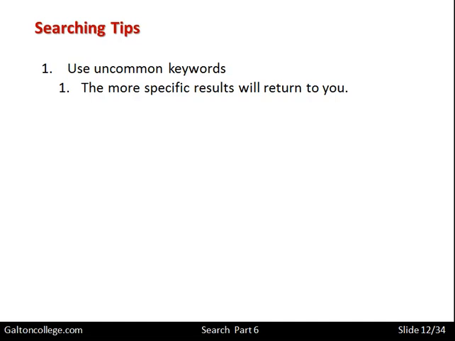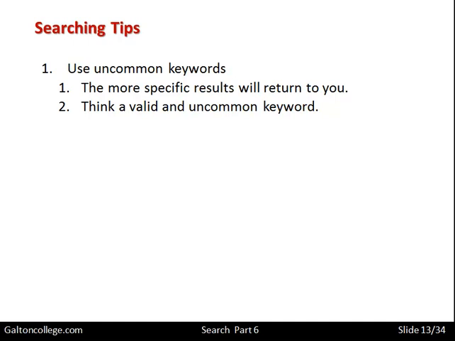Most people, when we type in something, we type in very common words. If I type in, I'm interested in cars, well, that would bring back an inordinate number of hits, a very large number of hits, because the word cars appears all over the internet. Think of a valid and uncommon keyword.